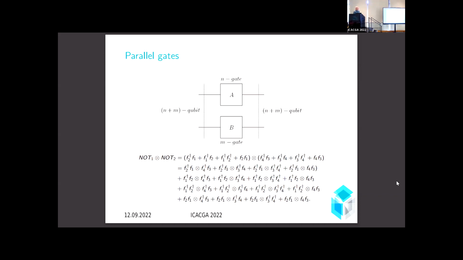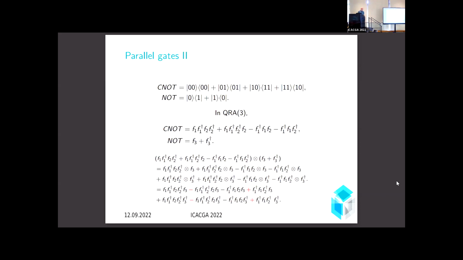If you do parallel gates from 2 NOT gates, I have used the same gate for both, and the order doesn't matter, so all the signs will be the same. But if I use 2 different gates, it can happen that some signs change, but it's just a technicality.